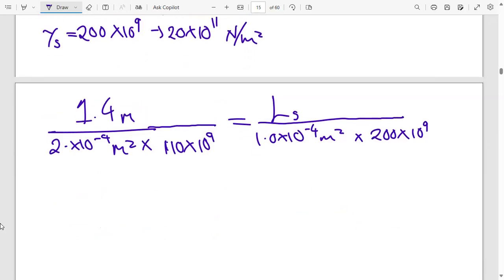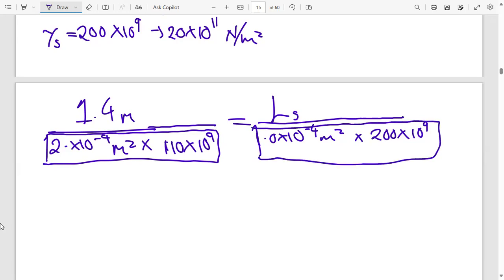All right. From here now, we can continue with our calculations. We can cross multiply. First, find the product of the denominators.